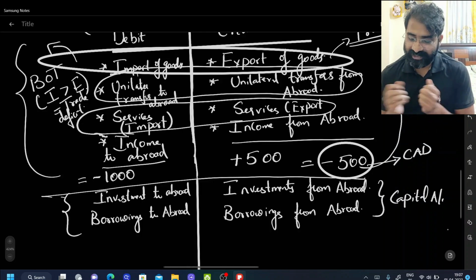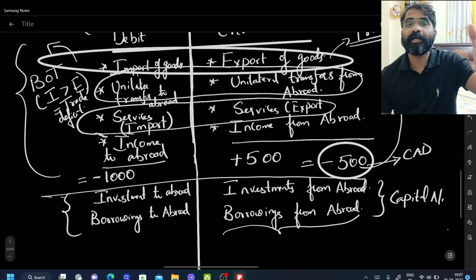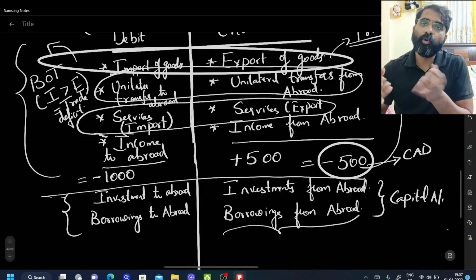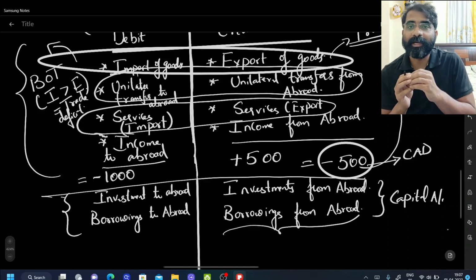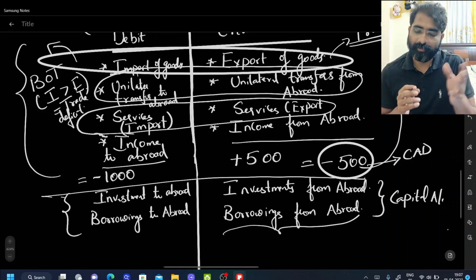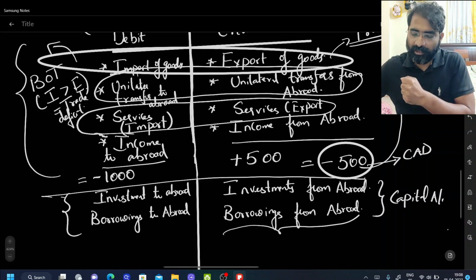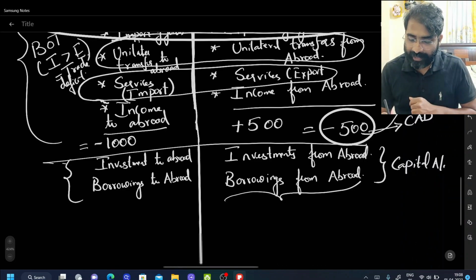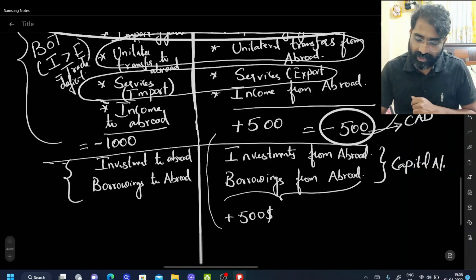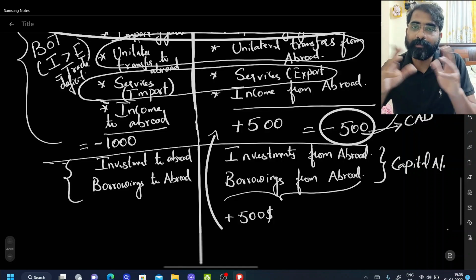Now we use investments or borrowings to bridge the current account deficit. If there is more investment into India, that will also help with the current account, because this is an accounting statement. When there is a surplus in my capital account, let's say $500, I push it into the current account, I bridge the balance, and I make this accounting statement zero.